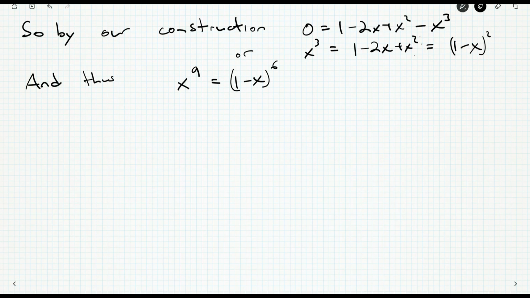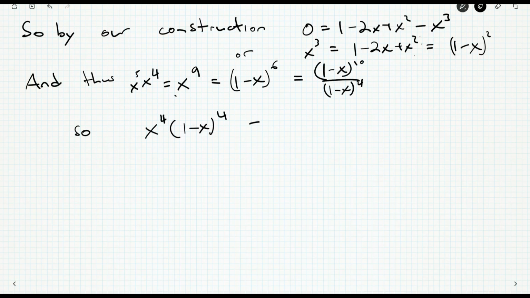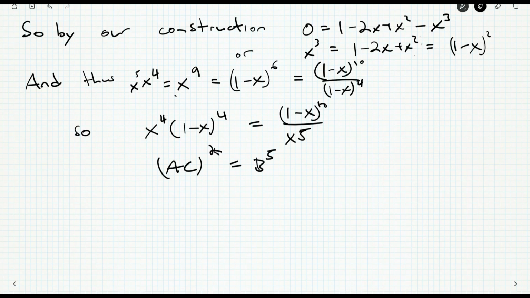We get to the power of 6, and that's x to the 9, x to the 4, and that's (1 minus x) to the 10 over (1 minus x) to the 4. So now we just move everything over. But this is AC squared, and this is B to the 5.